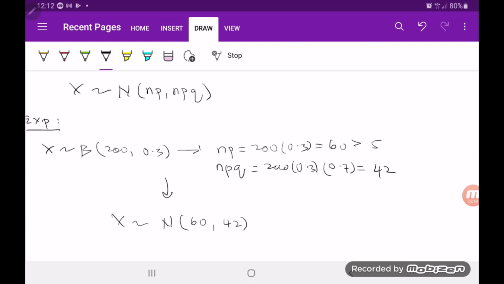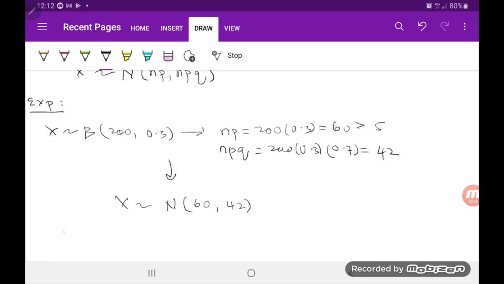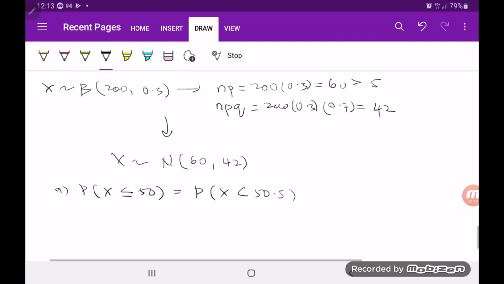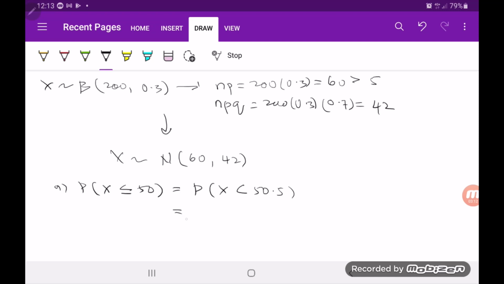Okay, and then we need the continuity correction to find the probability when x is less than or equal to 50. So do the continuity correction, that means 50 plus 0.5. Okay, this is the continuity correction process. And then change to the standard normal distribution.